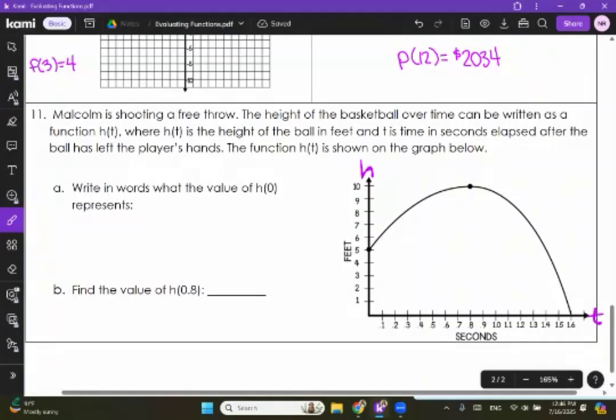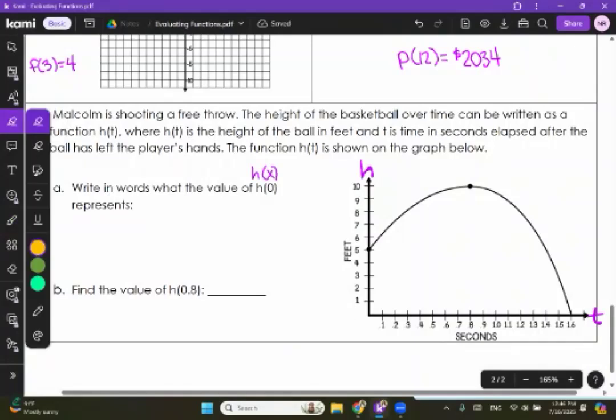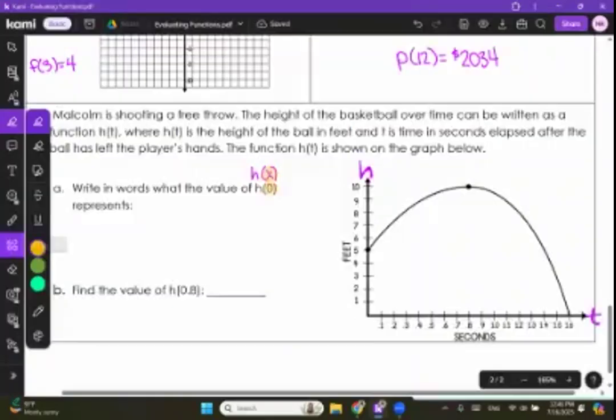Well, first of all, we need to know what h of 0 is. H of 0 would be the same as finding where the x value is 0. So if I go to the x value of 0 and I go straight up, what do I see?